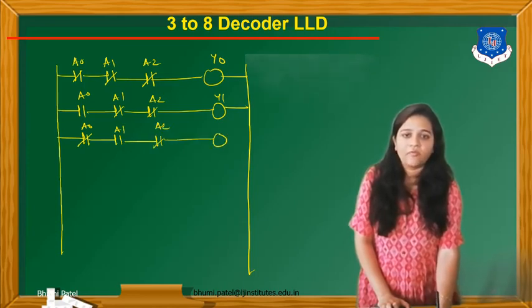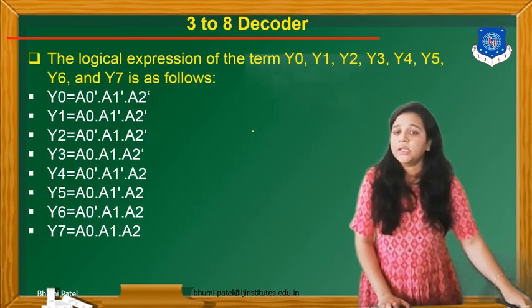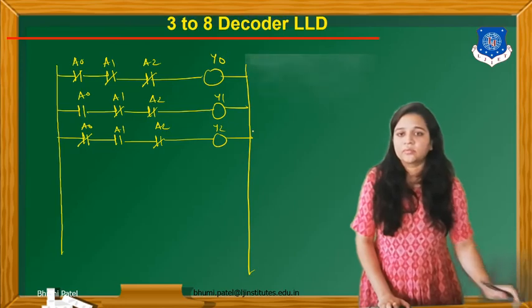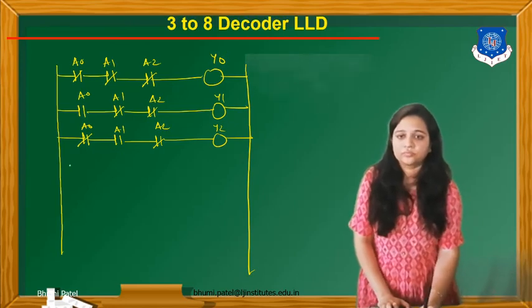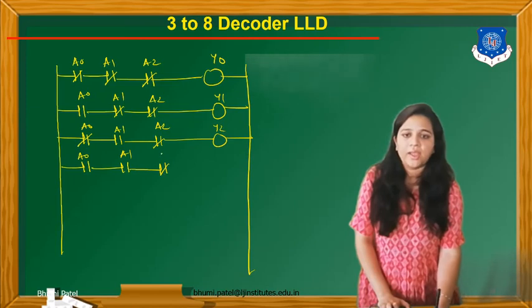This is my Y2. Now the condition for Y3 is A0, A1, A2'. This is my Y3 output.